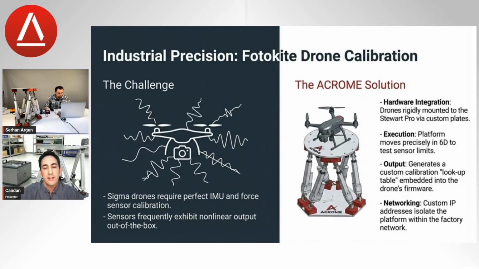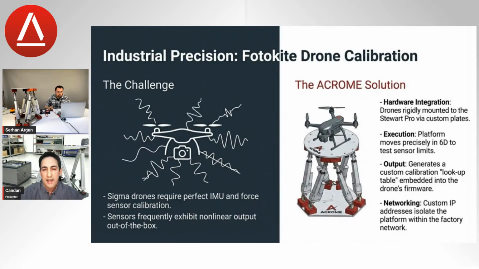To calibrate these sensors, every Sigma drone manufactured on their line goes on top of one of our Stewart platforms. The Stewart platform gives some pitch angles or angular motion, and also forces, to the drone sensor. Then they record the applied angle or force from the Stewart platform and what the sensor on the drone measures.